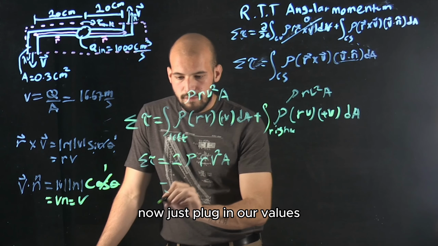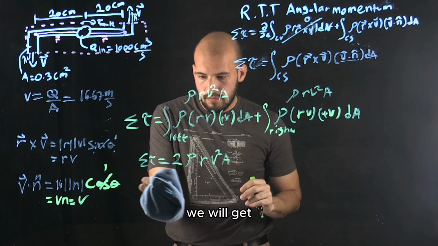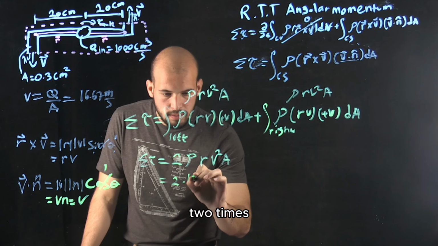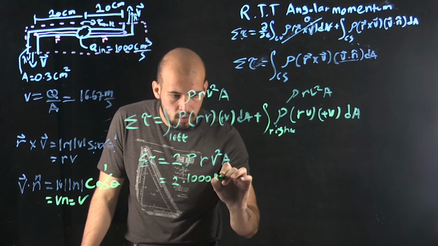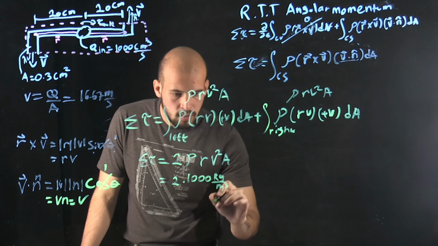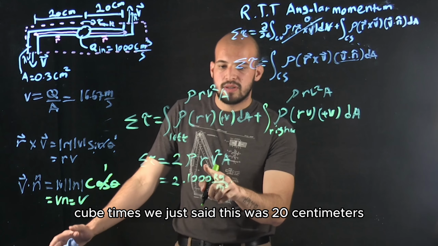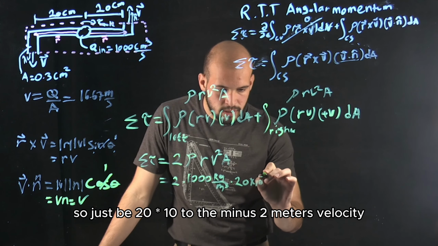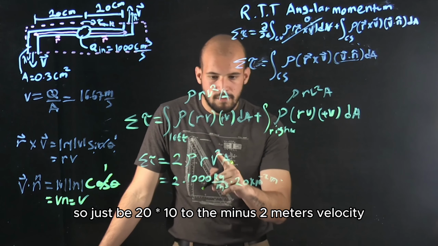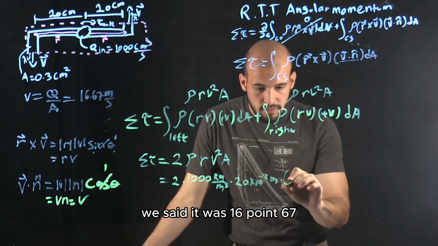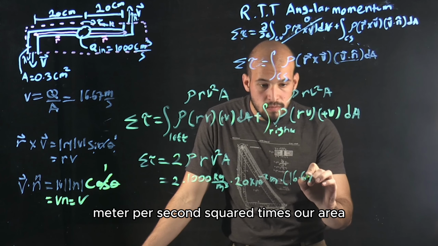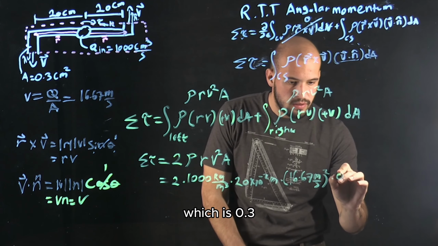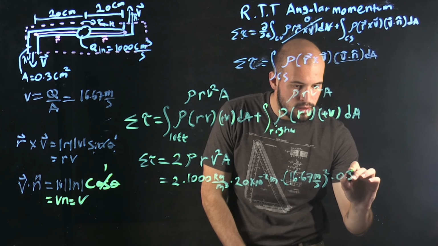Now, if we plug in our values, we get 2 times 1,000 kilograms per cubic meter times, we said this was 20 centimeters, so it'll be 20 times 10 to the minus 2 meters, times velocity, which we said was 16.67 meters per second, squared, times our area, which is 0.3.